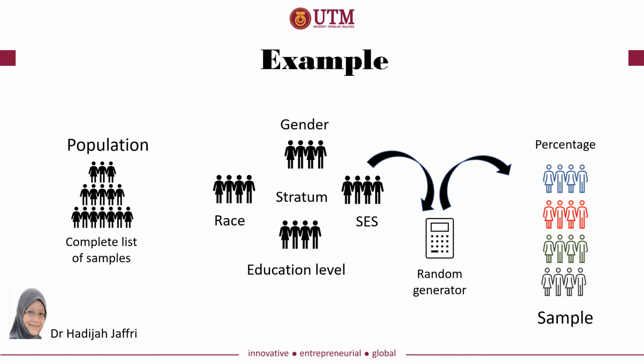For example, if 30% of the population is female, then 30% of the sample is randomly selected from the female subset of the population. We repeat this process throughout the other subsets of the population that we have identified earlier. We do this until we get the desired sample size.